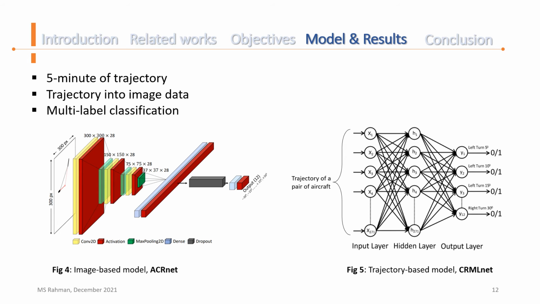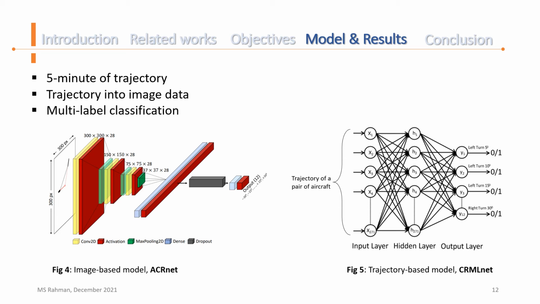So, as we have discussed before, to combine the ideas of using 5 minutes of trajectory as image data and multi-level classification, here we propose a model of aircraft conflict resolution based on a convolutional neural network. We named it ACRNet.